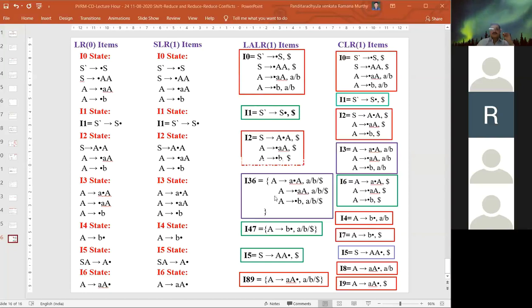It is a reduced set of productions, whereas in CLR it is the complete set of productions. This is the difference between LR0 and LR1 items. The right side productions are LR1 items, whereas the left side are LR0 items. That is the difference between all these parsers.